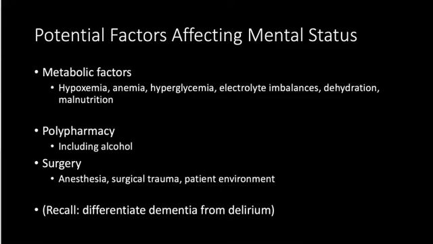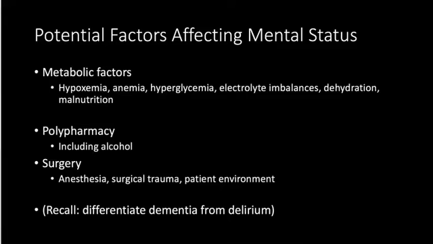Some metabolic factors can cause alterations in mental status: hypoxemia, anemia, hyperglycemia, electrolyte imbalances, dehydration, and malnutrition. So again, very important to differentiate what was a person's prior level. They may be mistaken as having dementia when in fact they just have a temporary state of delirium.